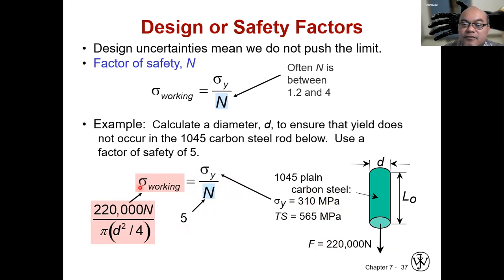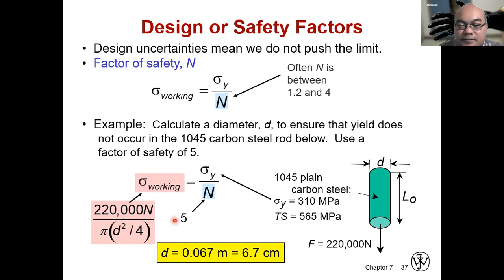So the sigma working should equal this force, 220,000 Newton, divided by the cross-sectional area, pi times d squared over 4. So from 310 divided by 5, we obtain the sigma working, and the sigma working equals this force divided by the cross-sectional area. From here, we can calculate the diameter of the rod, which is 6.7 centimeter.